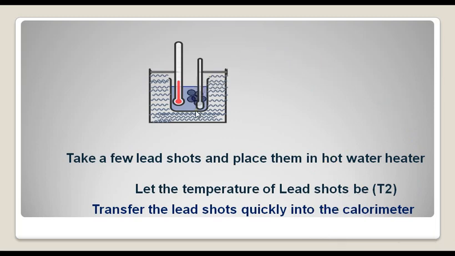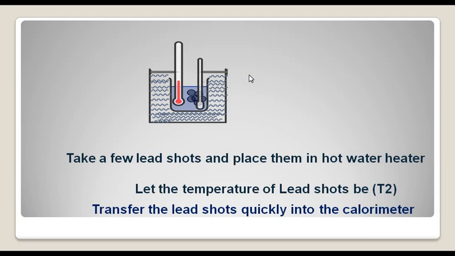Then what will happen? The lead shots are going to lose heat energy, and the water in the calorimeter gains the heat energy. There will be transfer of heat energy from the hot body to the cold body till equilibrium is obtained.